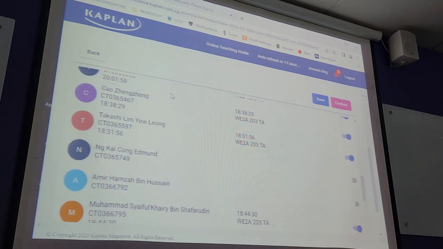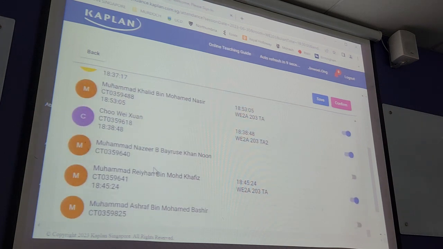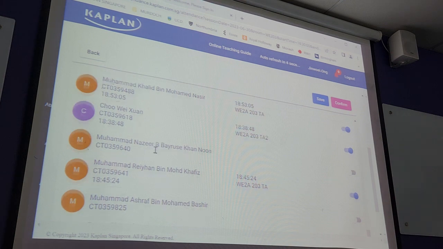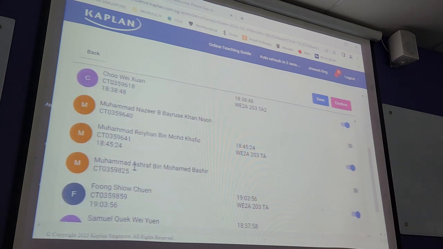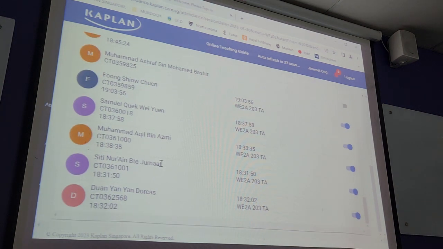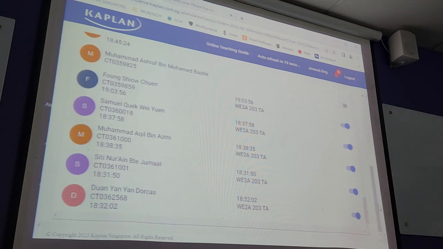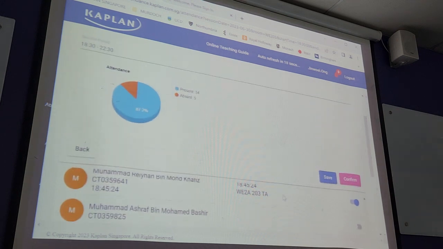Edmund, Amin, Nazir, and the last one is Ashraf. Anyone know them or not? Confirm they are absent. Alright, so in this case, I will confirm attendance for today.